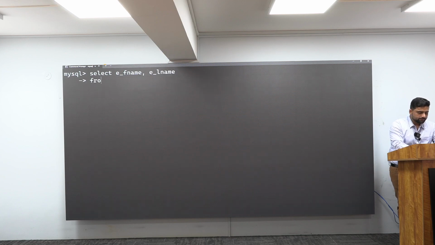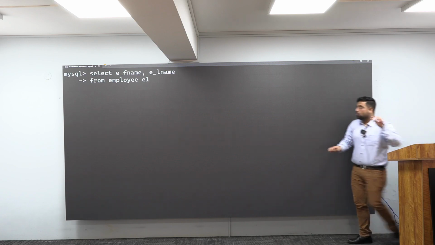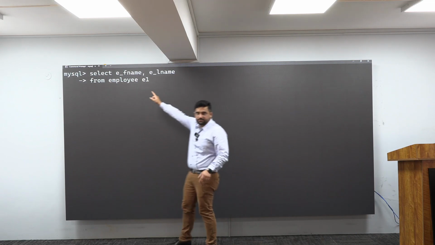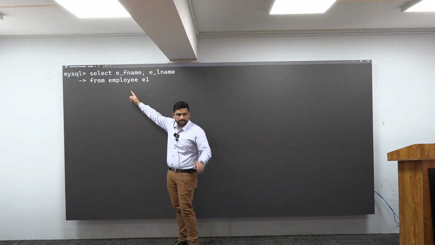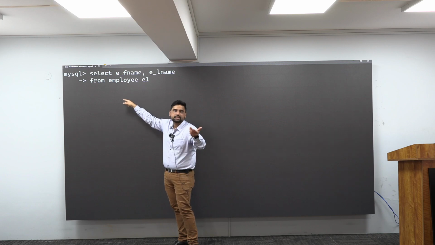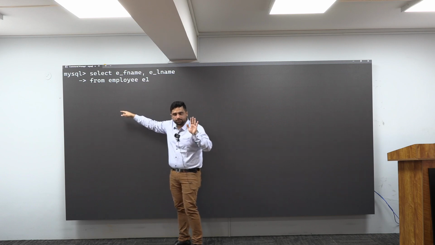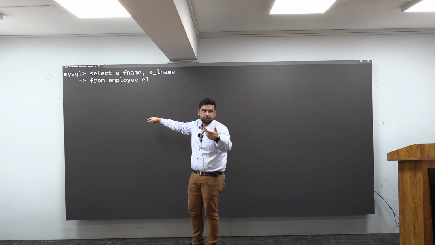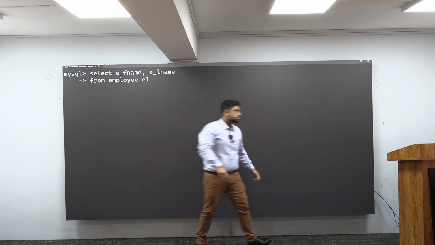From employee. But we have to create a copy, so what do we have to give? A table alias. We can give E1. And the from clause will execute first in both queries, as you know. That is why you are giving E1 first. First the from statement will execute, then the other statements. Understood? So first you have given the temporary name for your table.